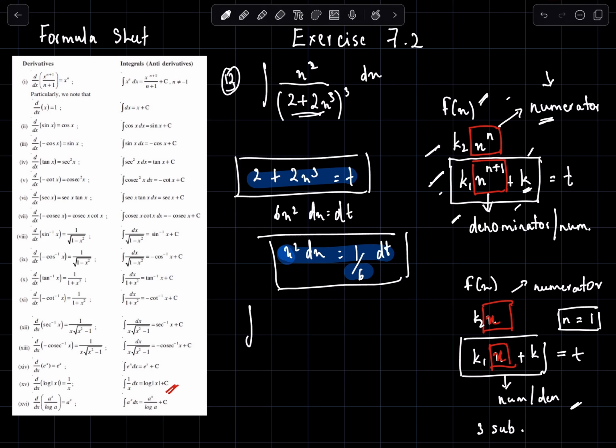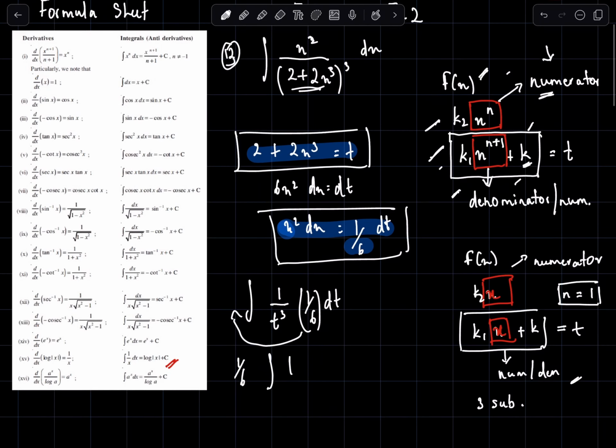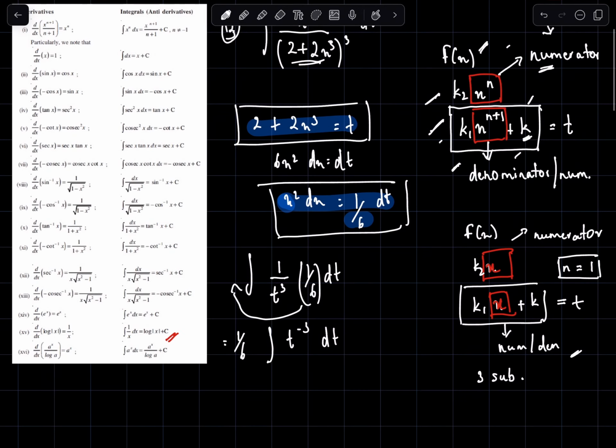Simple. So you have 1 by t cubed and 1 by 6 dt, right? Now the 1 by 6 will come outside. We know that it's a constant. So 1 by 6 integral of t raised to the power minus 3 dt, right? Now how would you do this? It's simple.